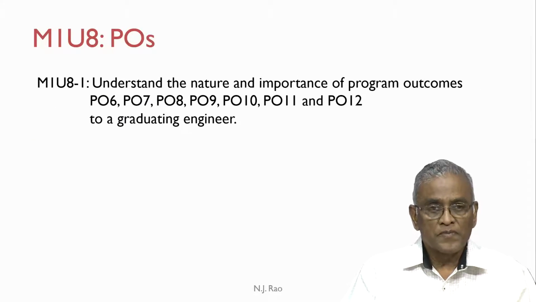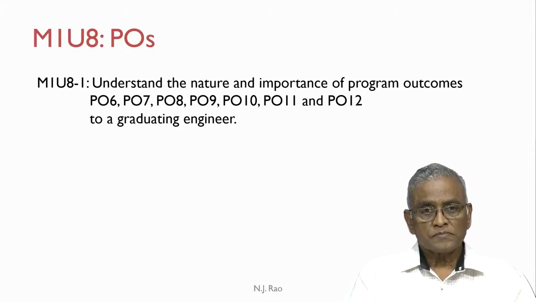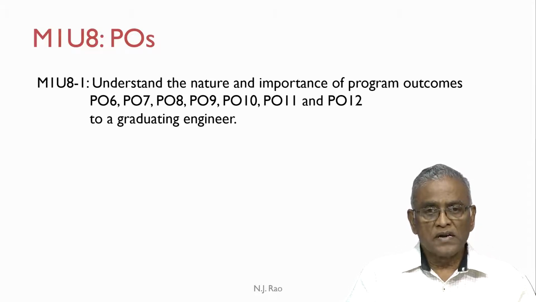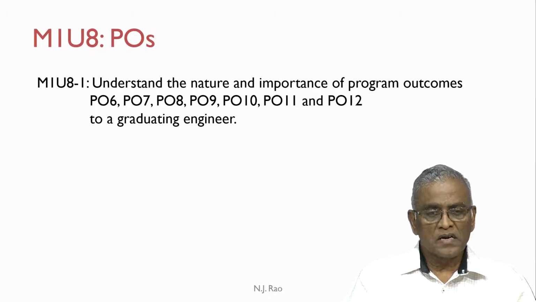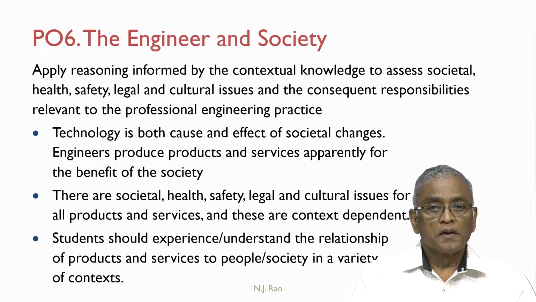Now, the outcome of the present unit is to understand the nature and importance of program outcomes from PO 6 to PO 12, and in what way they are relevant to a graduating engineer. That is the goal of this unit.